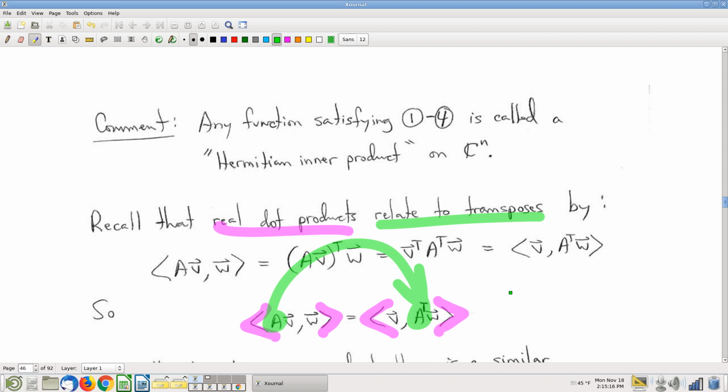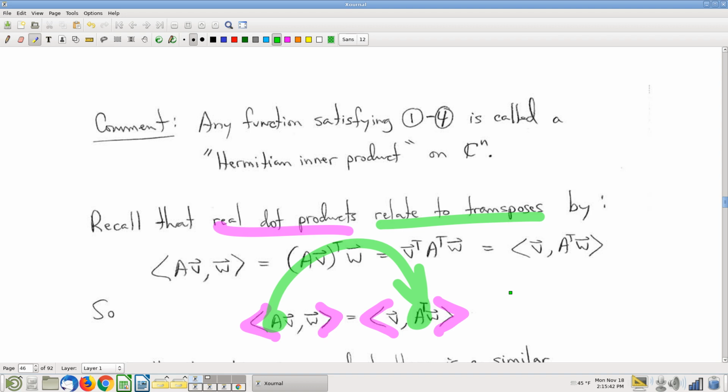Okay, well, along the lines of our Alice in Wonderland situation, we now have a new dot product called the Hermitian dot product. Transposes play nice with regular dot products. Do transposes play nice with Hermitian dot products? And the answer is no, they don't.